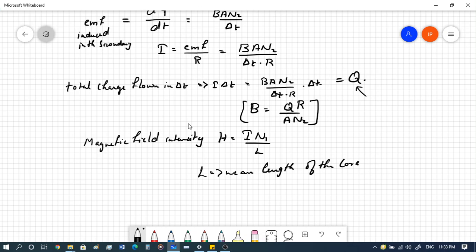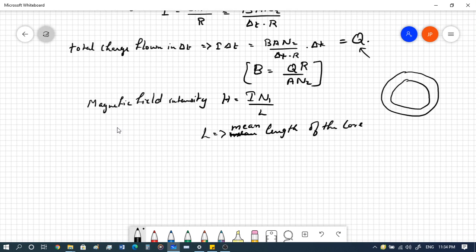So here, I hope you know what is the length of the core. The core is in the form of a circle, so you can take the circumference, which will be the mean length of the core. So from here the magnetic field intensity can be varied by changing the value of current. So let's say in the circuit you can use a rheostat.